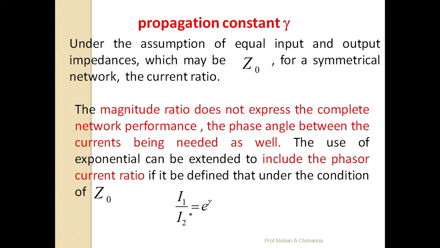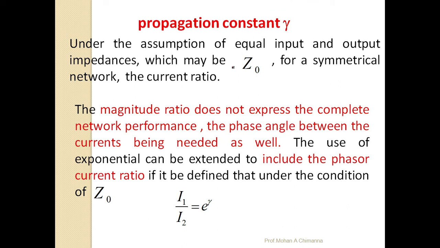Then the propagation constant gamma. In the case of the propagation constant gamma, we assume equal input and output impedances, which may be the Z0 for the symmetrical network, for the current ratio. So how do we find the propagation constant?